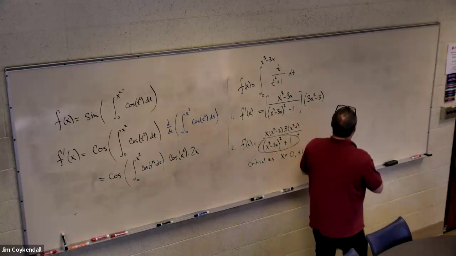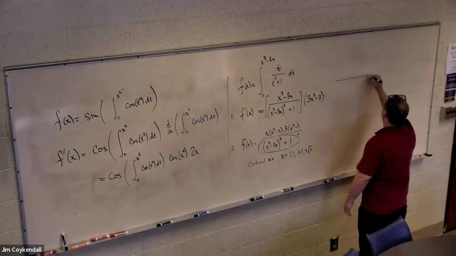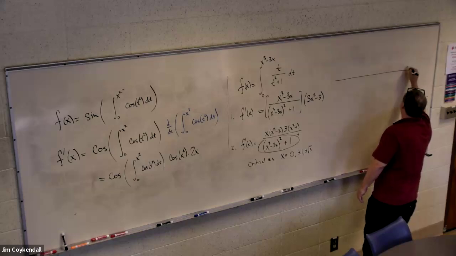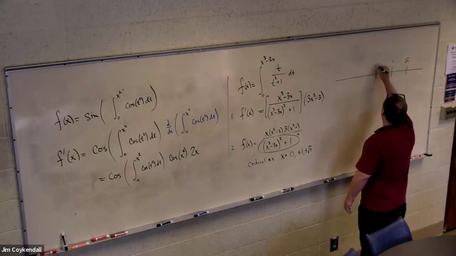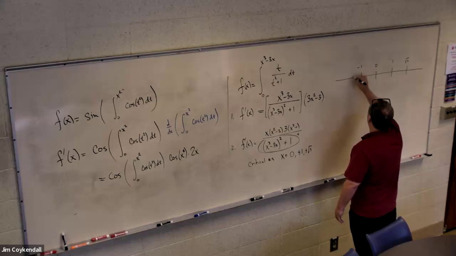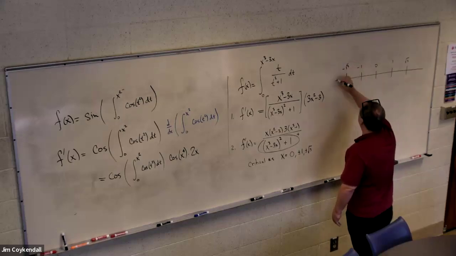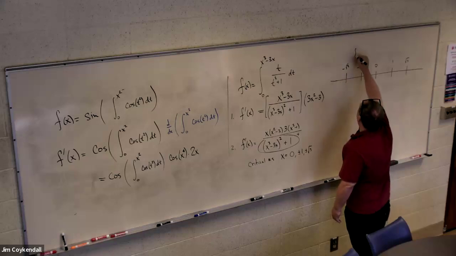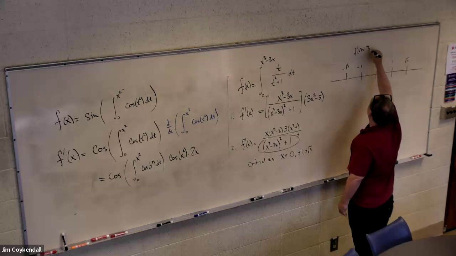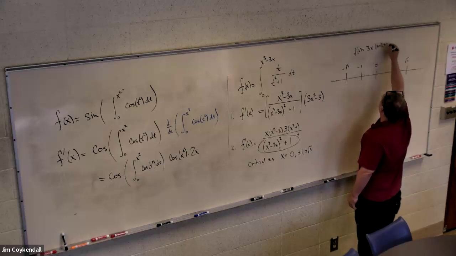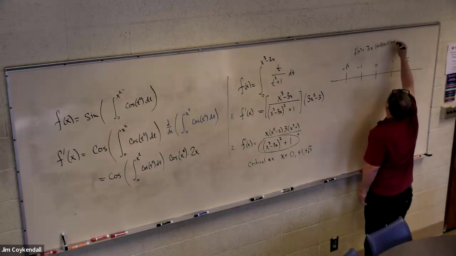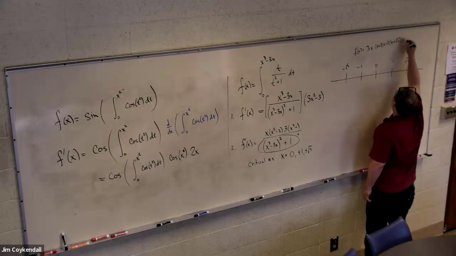So let's get a little sign chart so you can figure this out. And I'll show you quickly what the sign chart looks like. 3, 1, 0, minus 1, minus 3, and f prime of x is 3x, x plus 1, x minus 1, x plus 3, x minus 1.